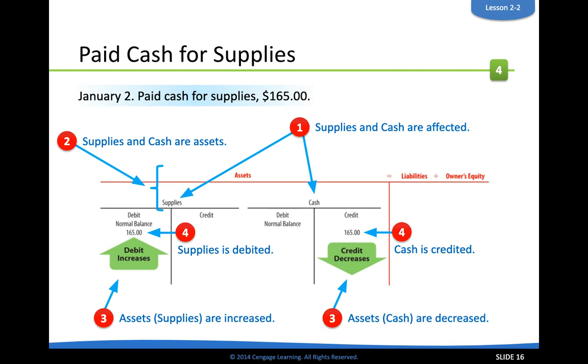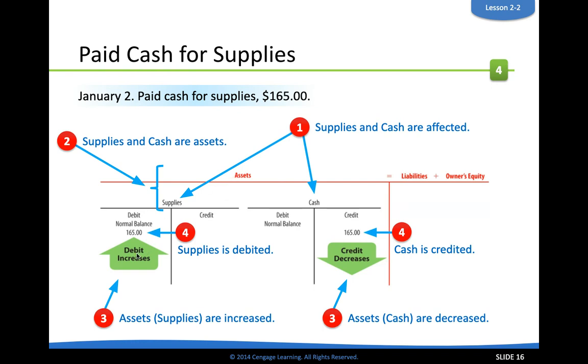So since these are both happening on the left side of the accounting equation, and you know that supplies need to increase, since debits increase asset accounts, we need to debit supplies for $165 because we need to increase those. So remember, we're working on the left side here, debits on the left, assets on the left of the accounting equation.